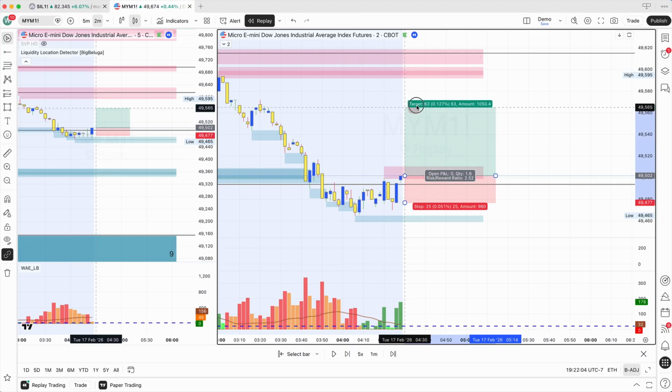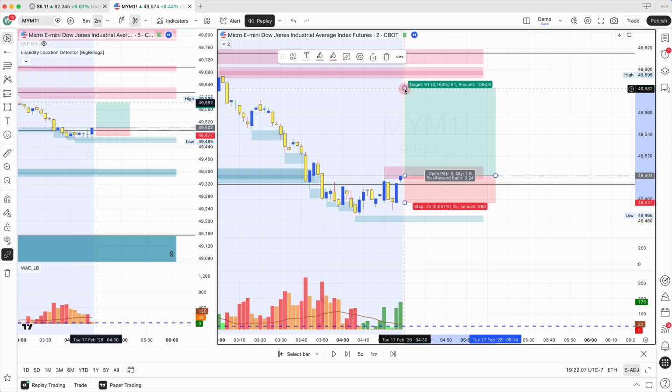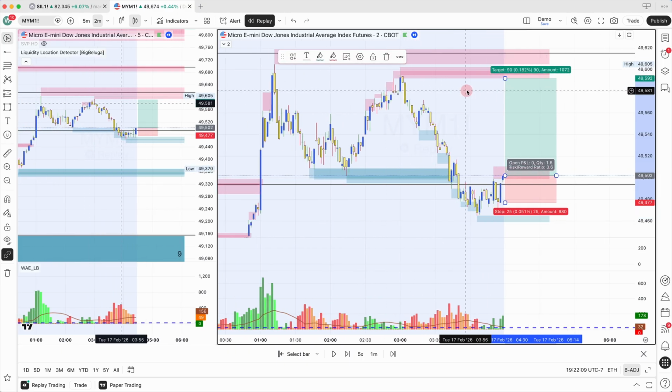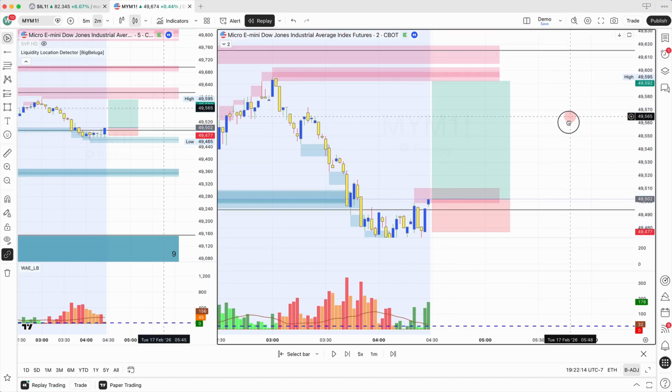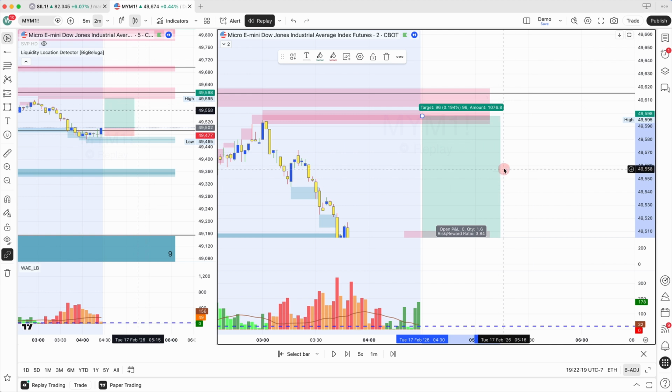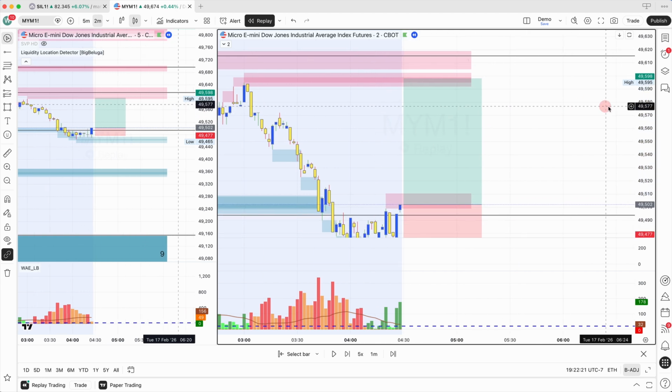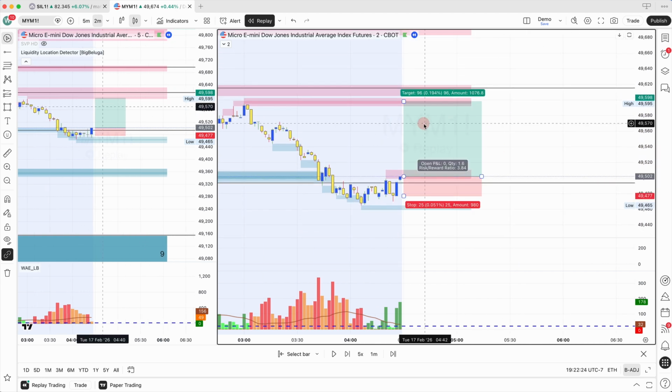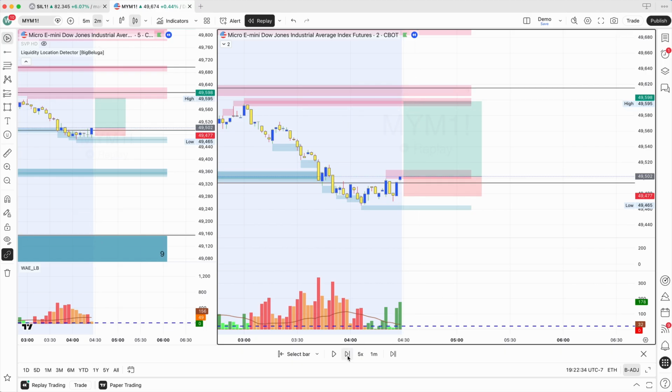But what I think I want to target is that next level of liquidity, and I want to push through it actually a little bit. Let's see what happens. If I win 96 points or 96 ticks, which in this case is about $45 on my account with one contract.